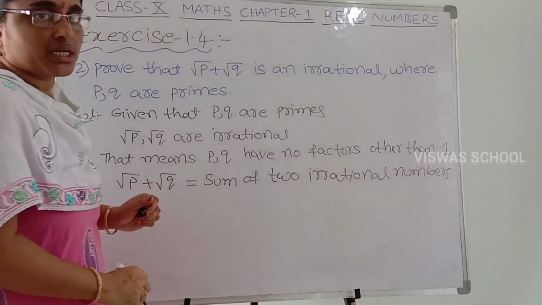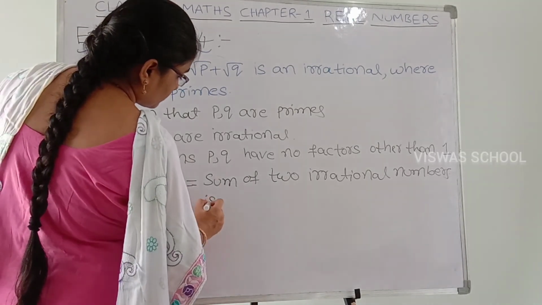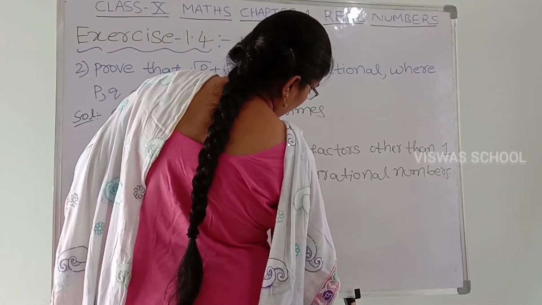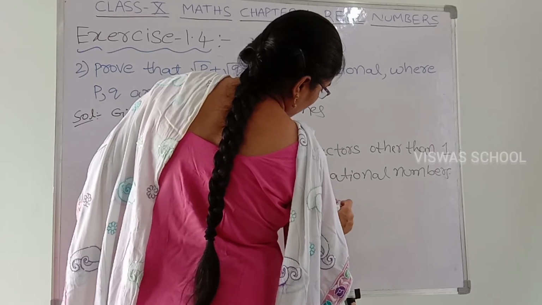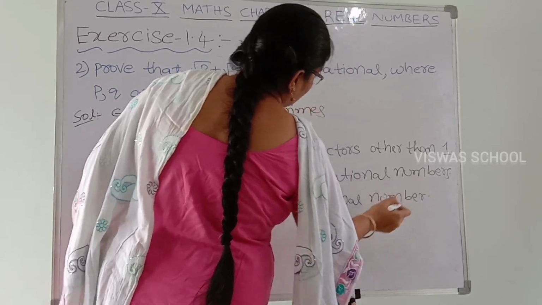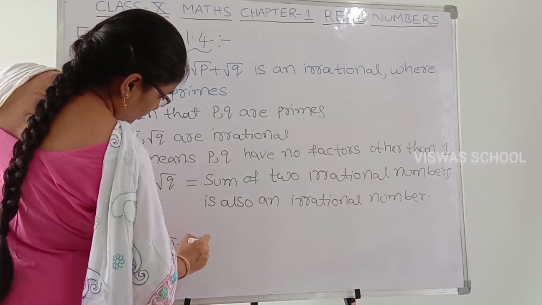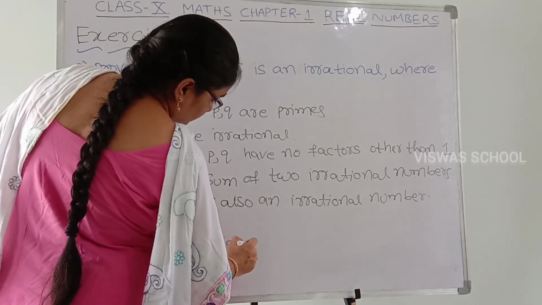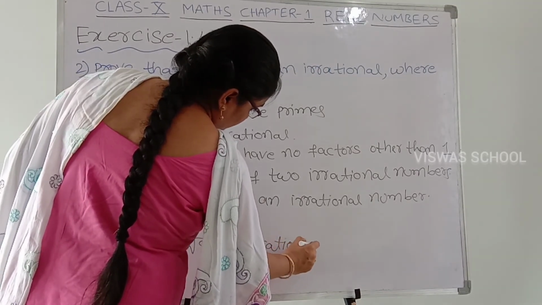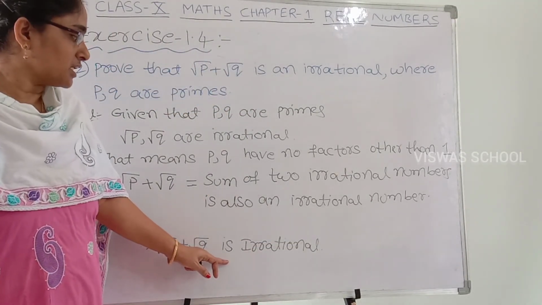Sum of two irrational numbers is also an irrational number. Therefore, root P plus root Q is an irrational number.